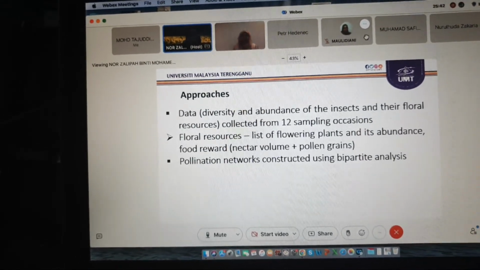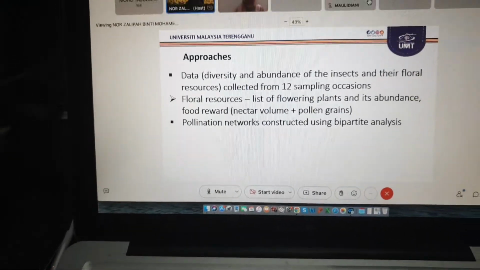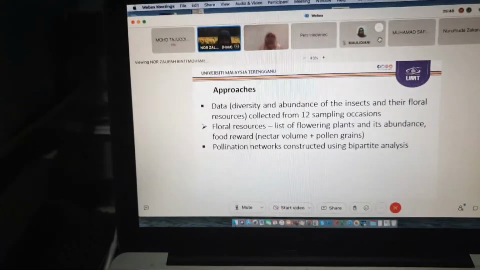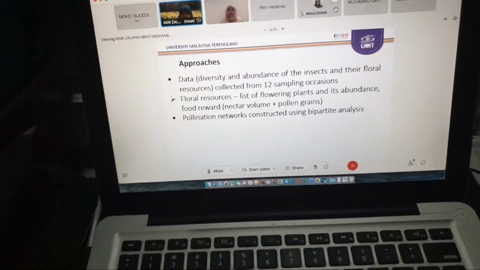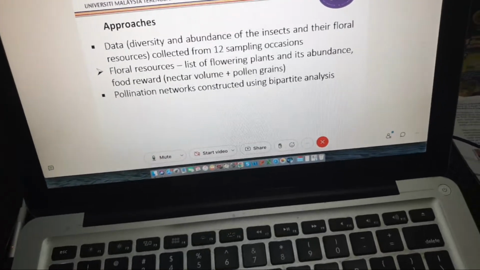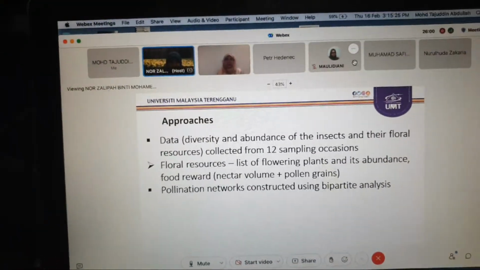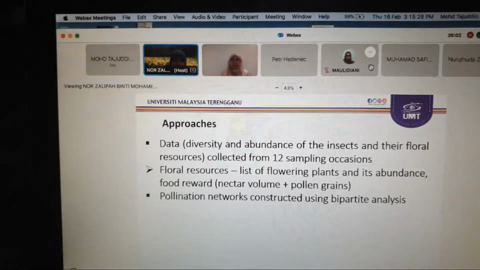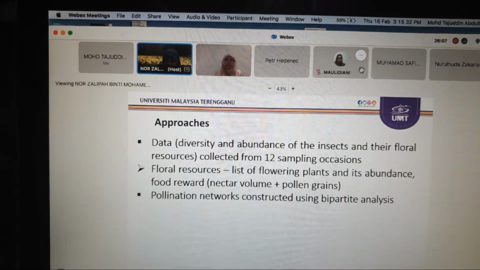So the approach is data will be collected. We plan to have about 12 sampling occasions, just to list the floral abundance, the species, the food reward in terms of nectar volume, and also the pollen grains produced by the flowers, and to construct a network using bipartite analysis.